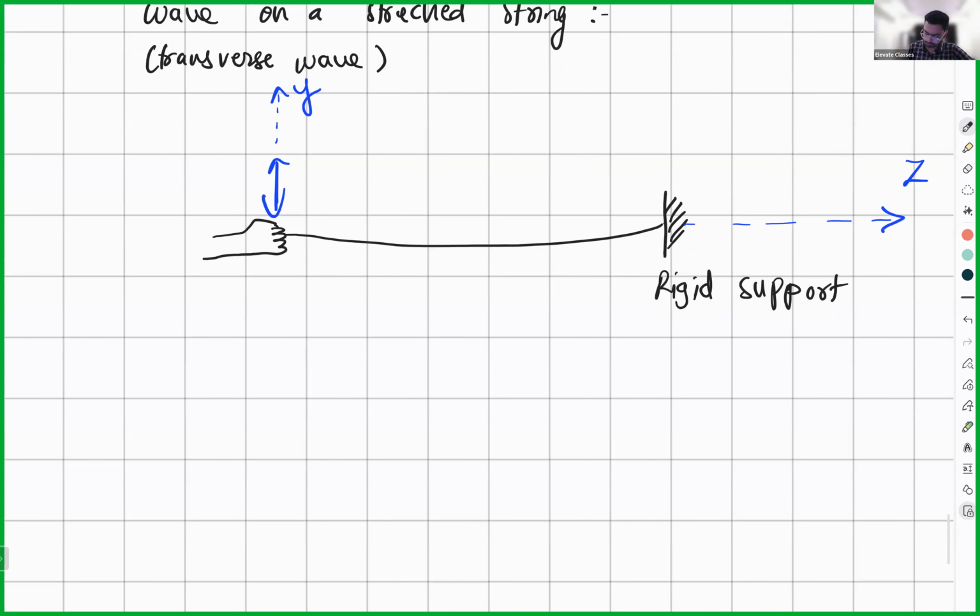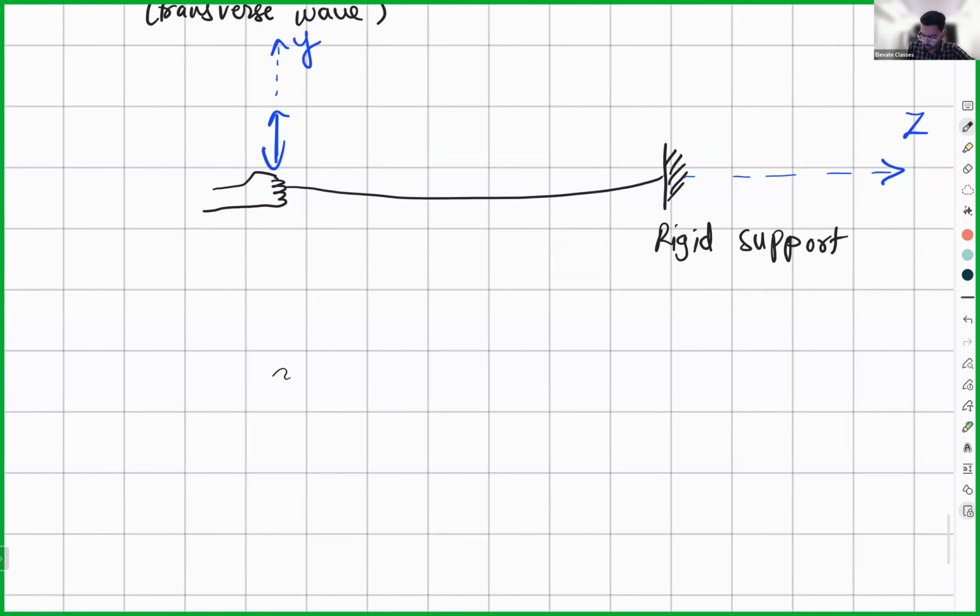So what will happen now? Due to the oscillations of my hand, which is holding the string, the particles of the string will undergo oscillations, and you will see a wave which is getting propagated along the plus Z direction.